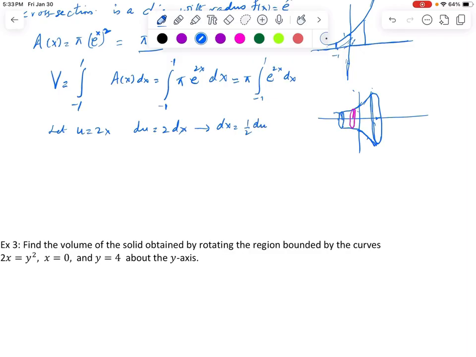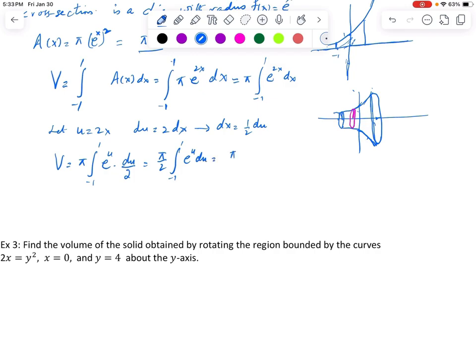Our V becomes pi times the integral of e to the u du over 2. I can pull this 2 out, so I get pi over 2 integral from -1 to 1 of e to the u du.